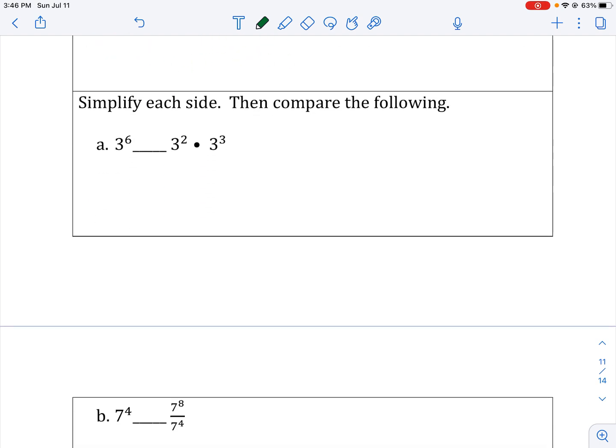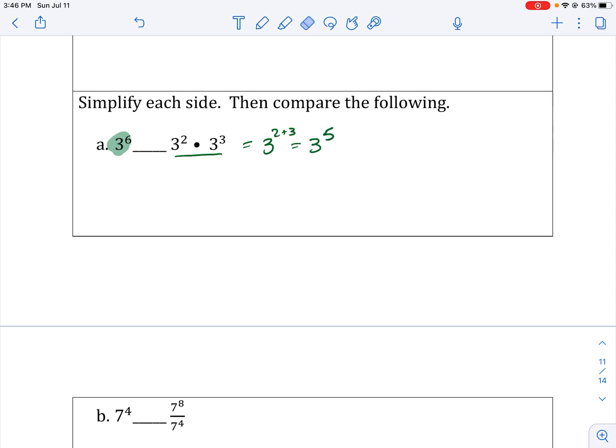Okay, now let's compare which side is greater. Well, on the left here, that's already done. There's nothing for us to do. So we're going to leave that one alone. On the right, we're multiplying, we have like bases. When we multiply like bases, we add our exponents, which gives us 3 to the 5th power.